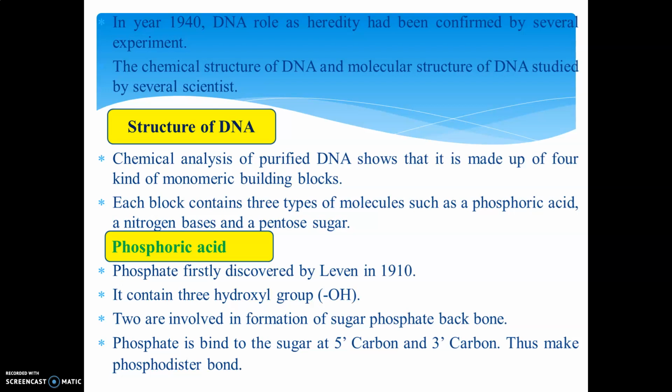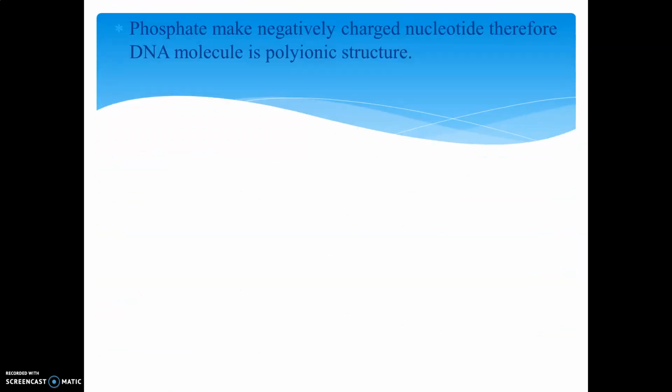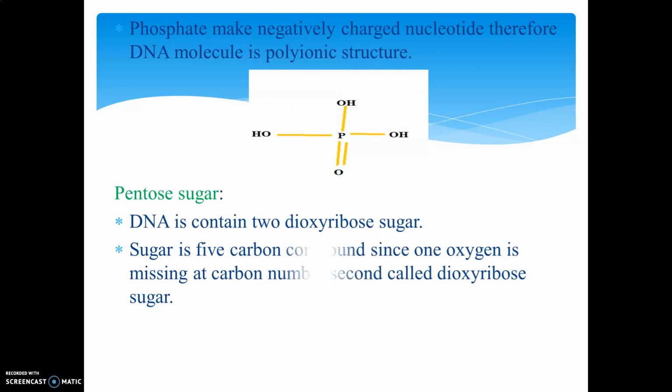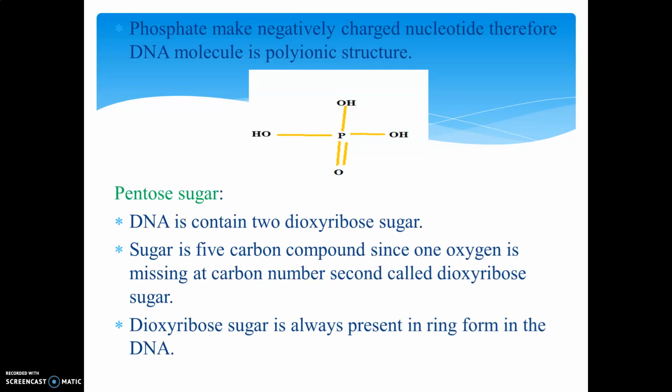Phosphate is bound to the sugar at the 5' carbon and 3' carbon, thus making a phosphodiester bond. Phosphate makes a negatively charged nucleotide, therefore the DNA molecule is a polyionic structure. Now this is the structure of phosphoric acid.